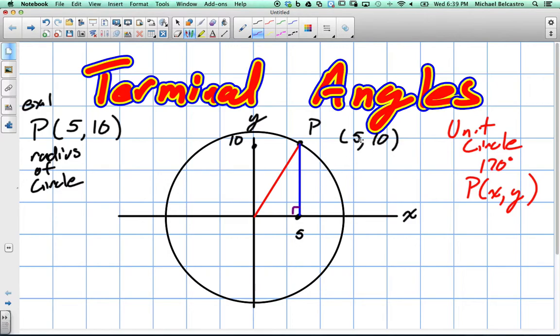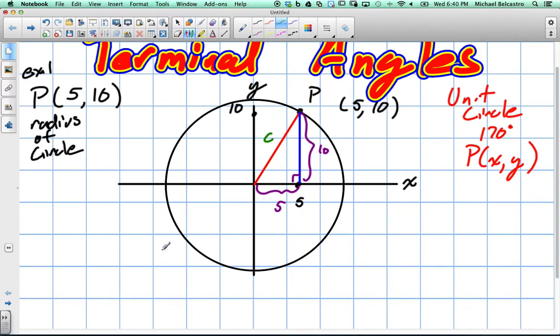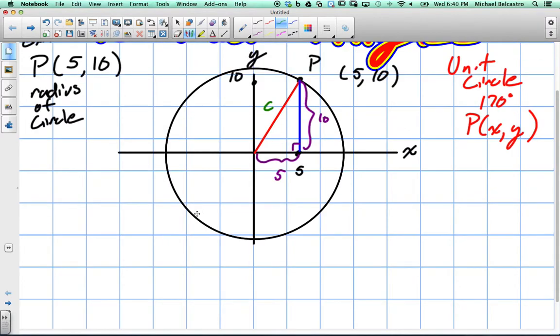With this 5 and 10, we know that this distance here is 5, and the distance upward is 10. So we've now created a right angle triangle where we just have to find the radius, and the radius, I'll give you a hint, is C. Do you know a formula that would help us find this C? It has to do with finding the hypotenuse of something.